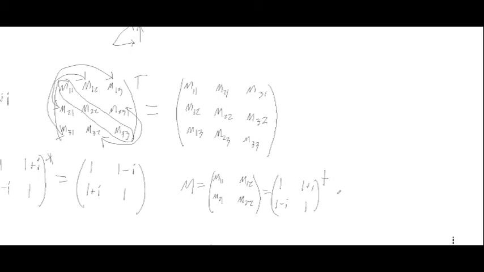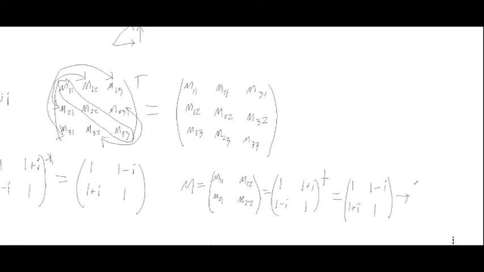We can do this stepwise. The first thing we do is we take the transpose, which would be 1, 1 minus i, 1 plus i, 1. So that is the transpose. Like I said, I'm doing these as a sequence. This dagger tells you that you're doing it all at once.